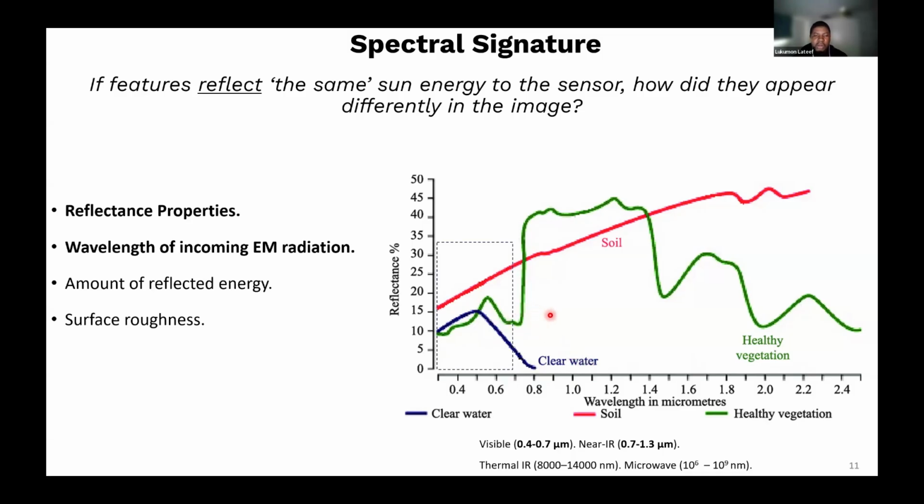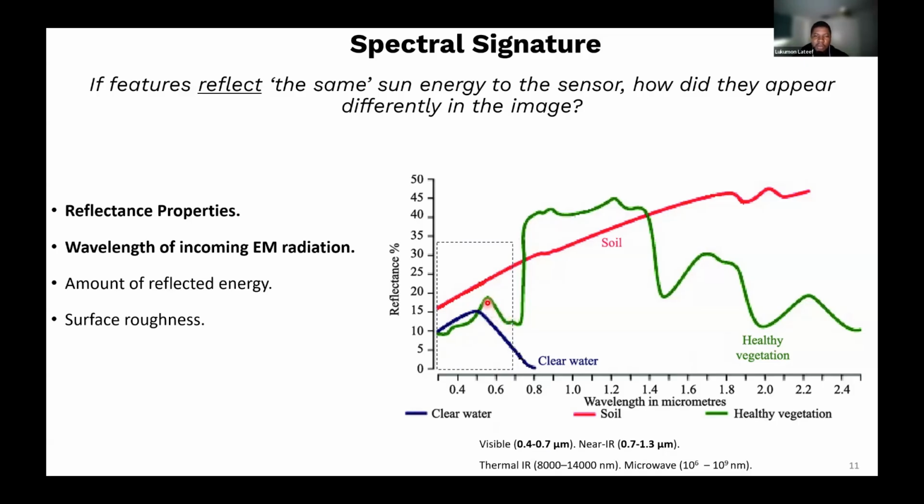Vegetation, on the other hand, reflects most green in the visible part. Visible is the blue, green, and red, which is a range of 0.4 to 0.7. Most times it reflects the green, and it absorbs the blue and the red. So that's why vegetation most times appears green.